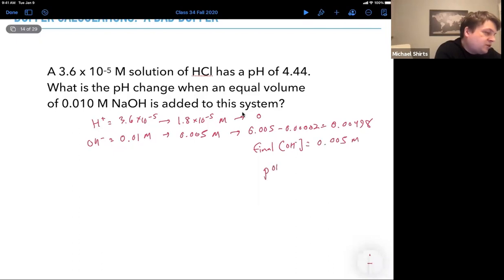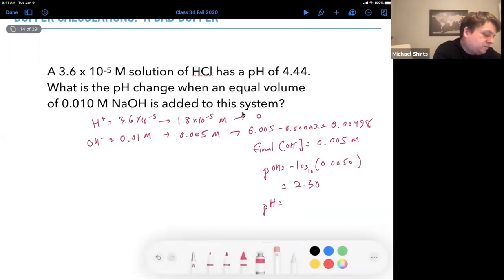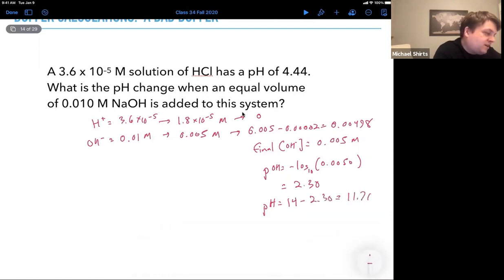And so our pOH is minus log10 of 0.0050, and that is 2.30. So the pH is 14 minus 2.30 equals 11.7.